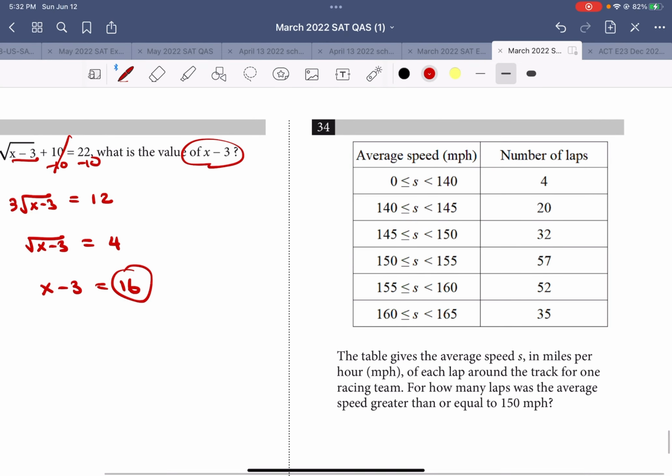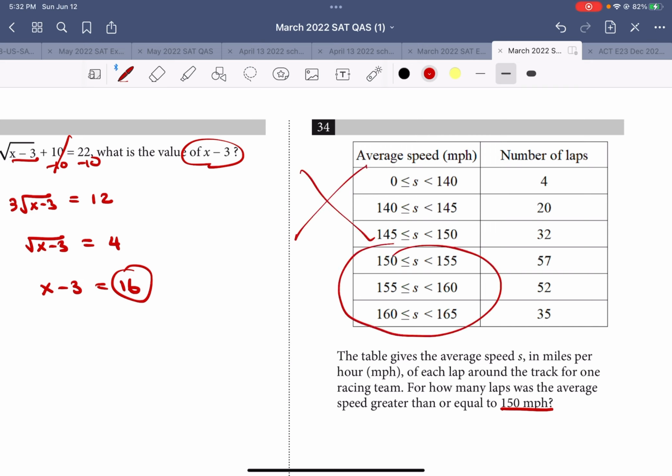Now number 34, they gave you a table. The table gives the average speed in miles per hour, mph, of each lap around the track for one racing team. For how many laps was the average speed greater than or equal to 150 mph? So if it's greater than 150 mph, it shows right here, right? This is not greater than 150. So how many laps total, right?